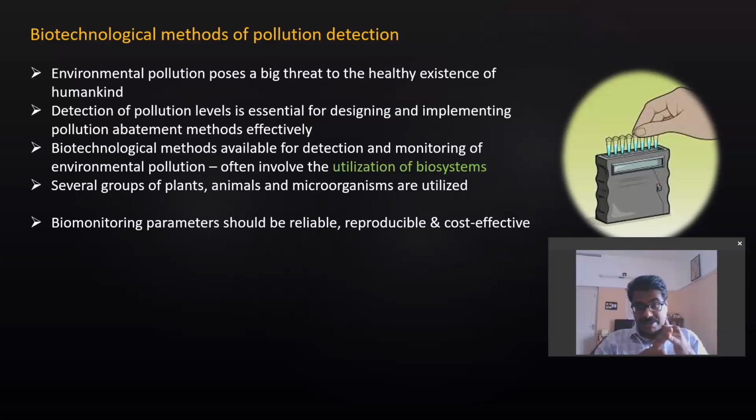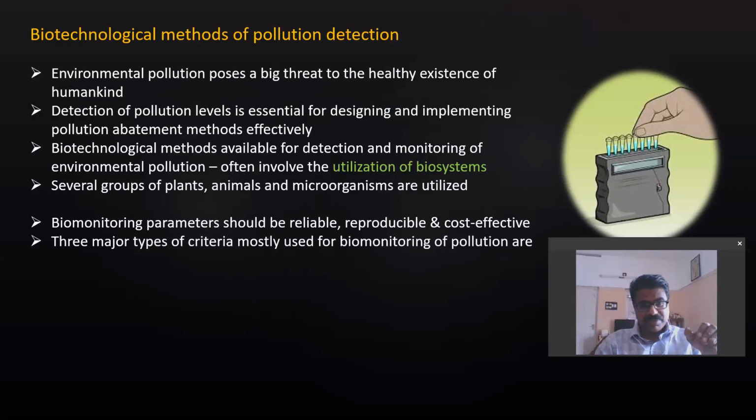They should be reliable and reproducible. When I use a bioorganism in India, it should be applicable in America also. One experiment we do here should be reproducible somewhere else, and it should also be cost effective.